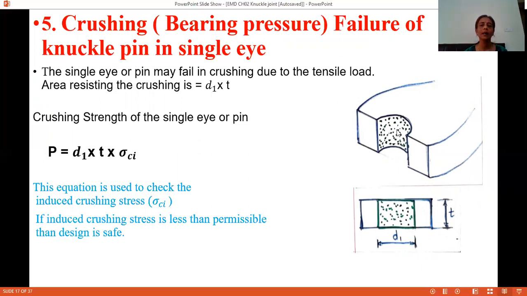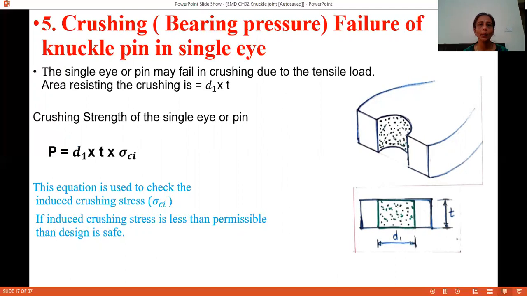Then we will see the bearing pressure or crushing failure of knuckle pin in single eye. You can see the knuckle pin and eye have a contact here, and there will be a localized compressive stress at the contact surface, known as the crushing stress. When we consider the crushing failure of pin, the area resisting failure will be the projected area, and here it will be d1 into t.